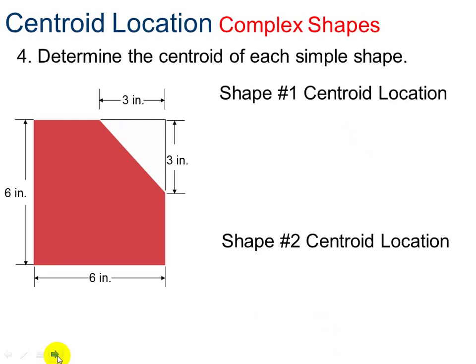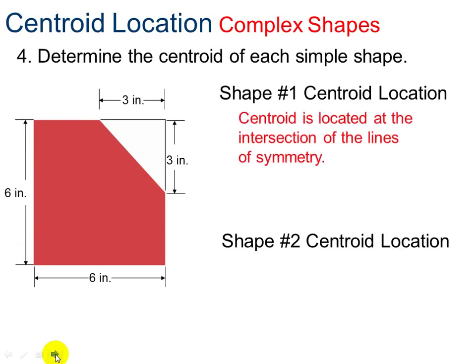So let's determine the centroid location for shape number 1, which is the whole square right here. For a square, you do half of the base, so I need to come over 3. It's going to be right in here. And then you do half of the height, so it's going to be up 3, right in here. Where those two crisscross, that's where the centroid will be located.